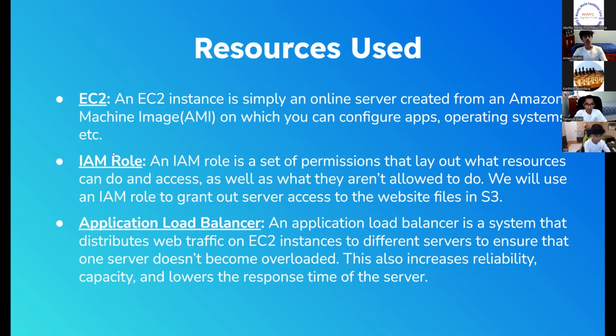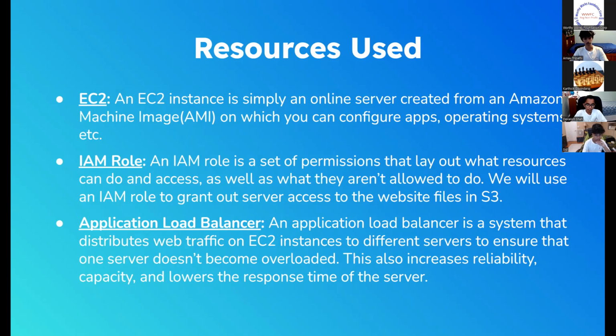An IAM role. If you paid attention last class, I actually mentioned this. Basically, it's a set of permissions. It's where you can connect multiple different applications in AWS. For example, our EC2 server won't have access to the files that we store in S3.